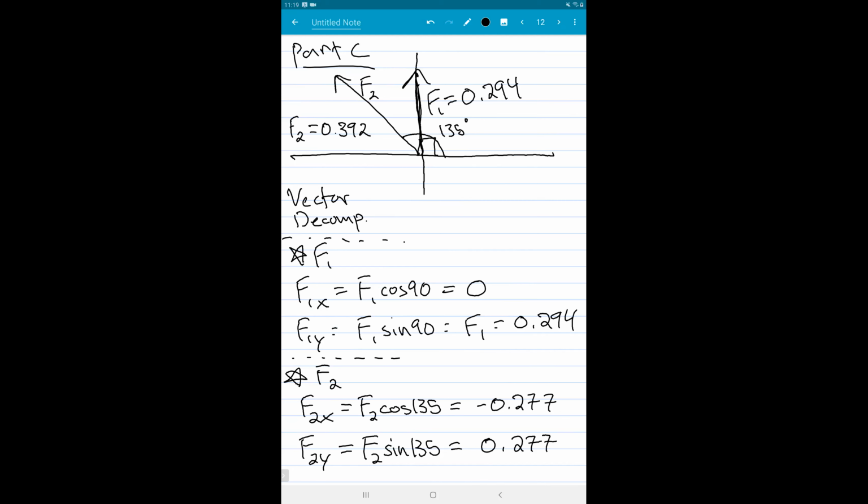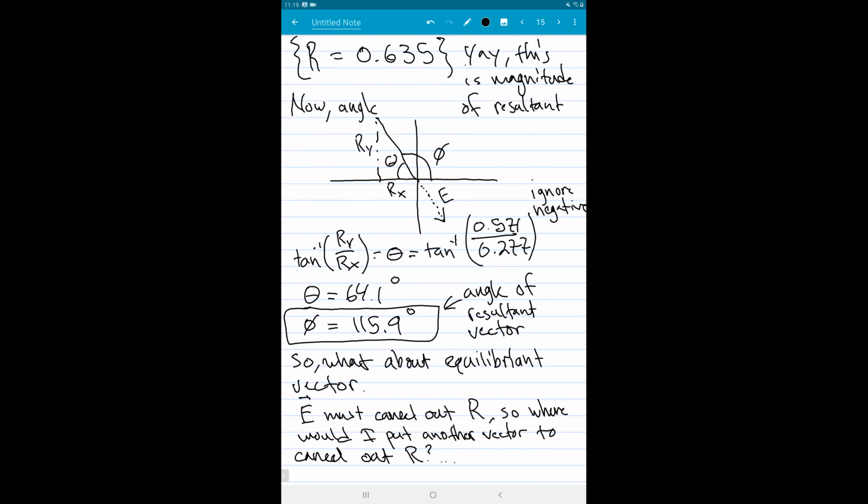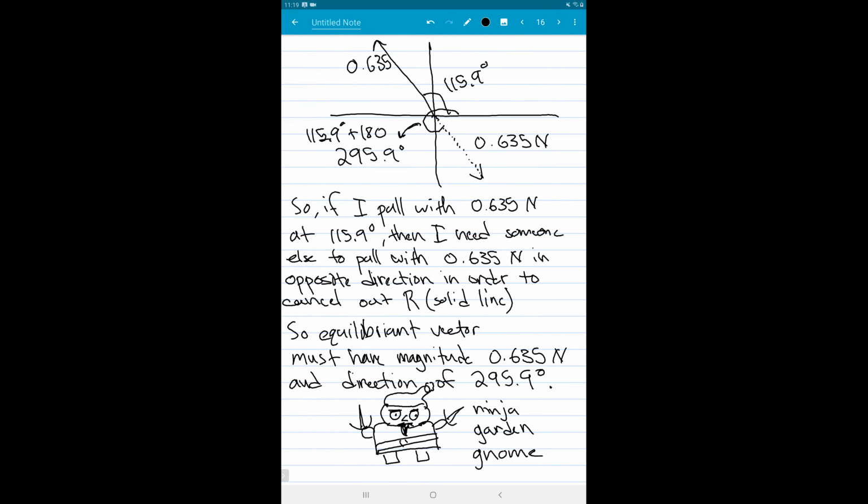Now, there is going to be a vector to the southeast. That's going to be my equilibrium vector, the one that I found right here, because it needs to cancel out the one pointing to the northwest. There are two ways to show this problem.